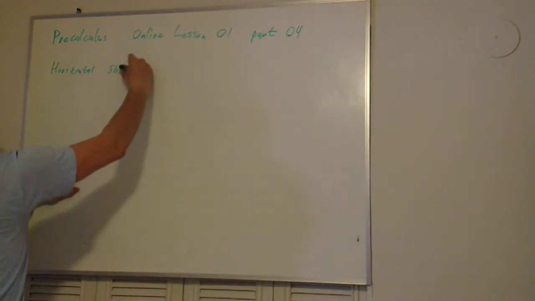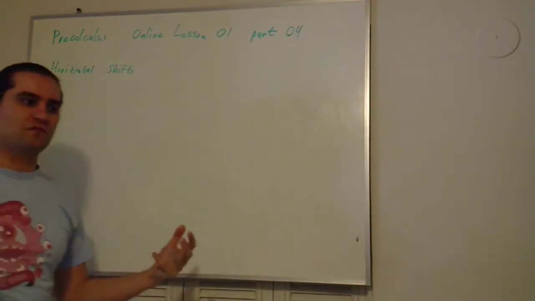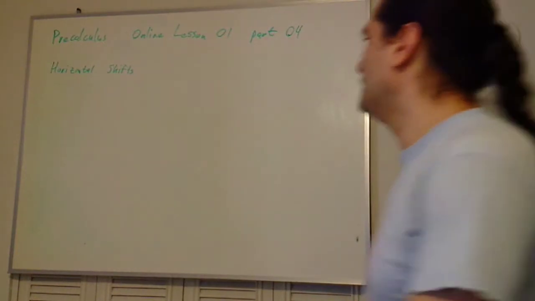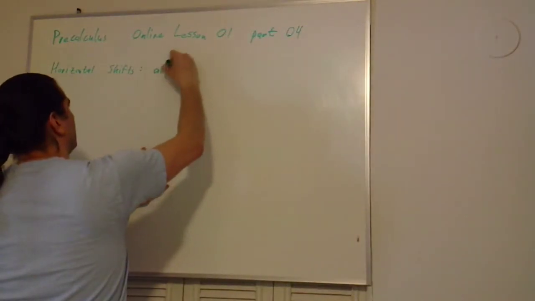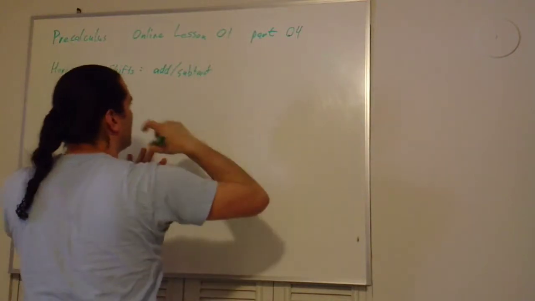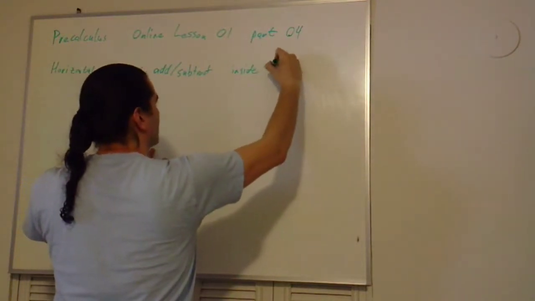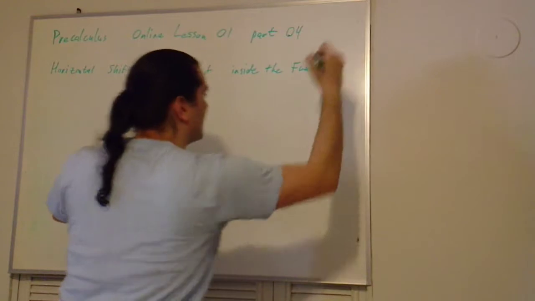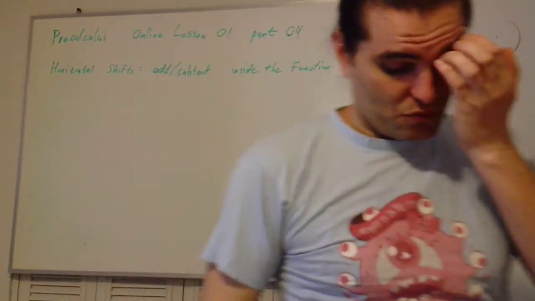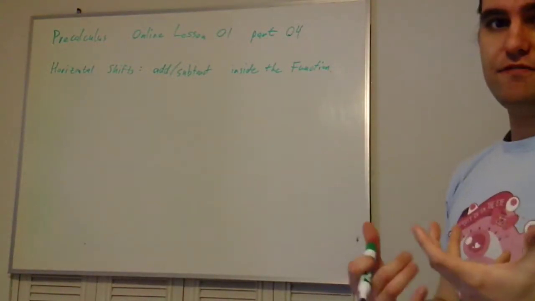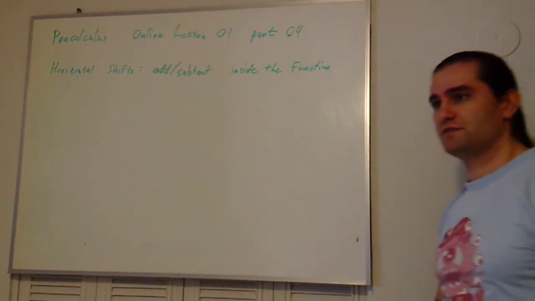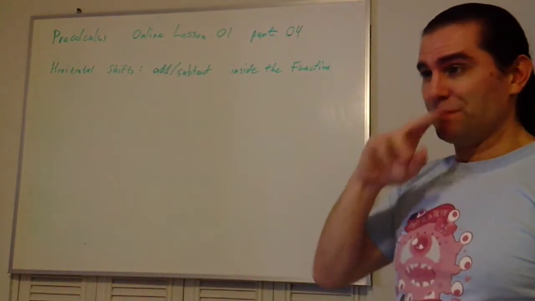and that one is called phase shift, which is a fancy word for horizontal shift, and slightly different from horizontal shifts. Horizontal shifts are what we talked about for sliding a function to the left or right when we were doing exponential and logarithmic functions.